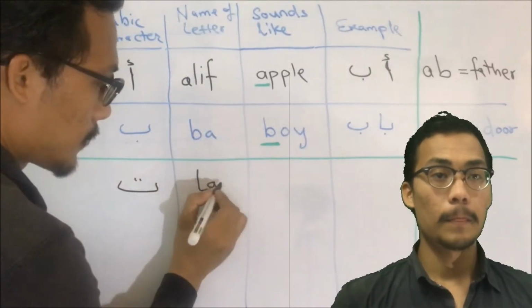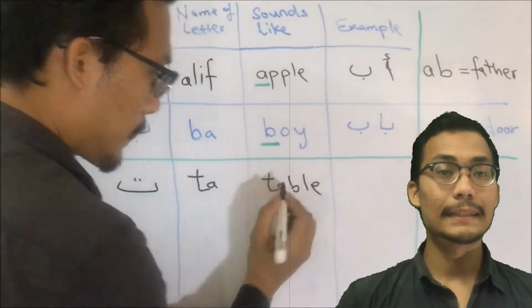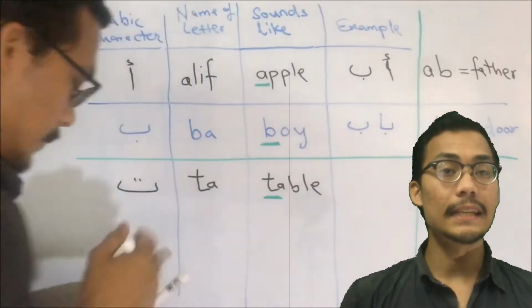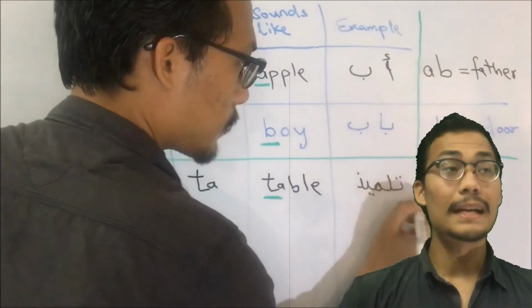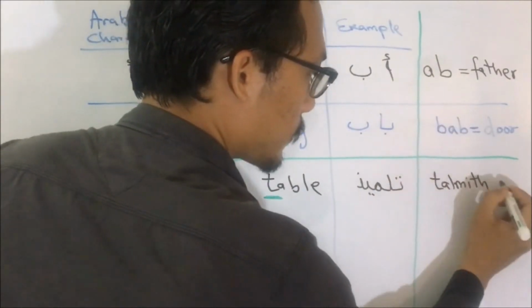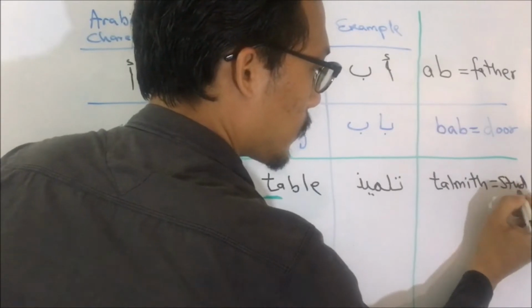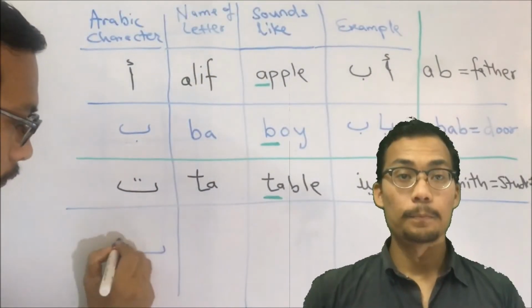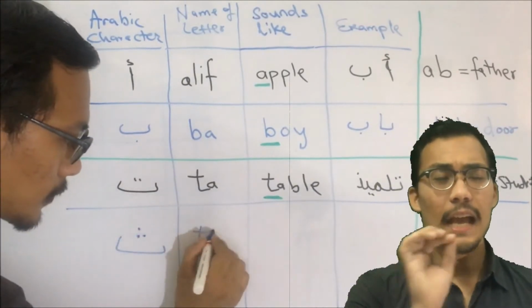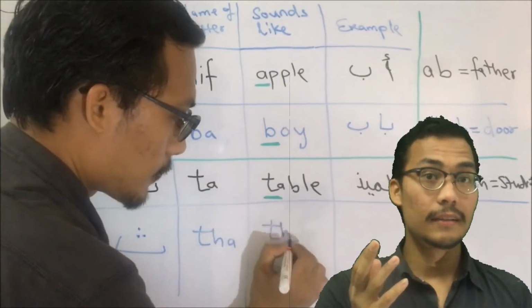Ta. Sounds like the T in table. Example, Talmiz. Tha. Sounds like TH in think.